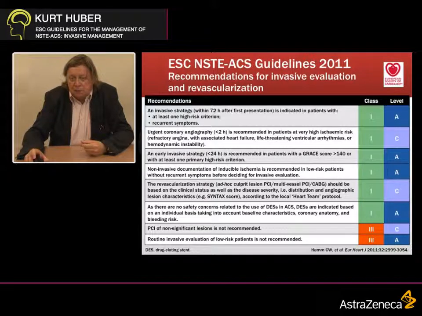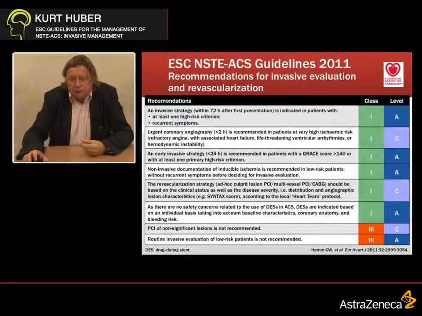An early invasive strategy within 24 hours is recommended in patients with an increased risk score, for example with a Grace score of more than 140, or with at least one primary high-risk criterion, 1A. Non-invasive documentation of inducible ischemia is recommended in low-risk patients. So this is the stress testing I referred to 3 slides ago, without recurrent symptoms before deciding for invasive evaluation, again a 1A.